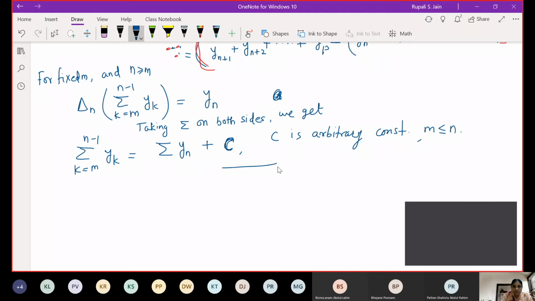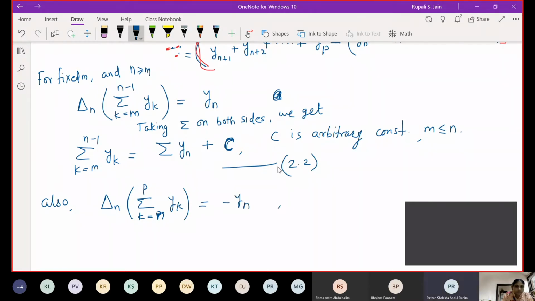I will call this equation 2.2. 2.1 is different, 2.2. And also we got delta n of the summation k is equal to n to p of yk. What we got? It is minus yn, right?